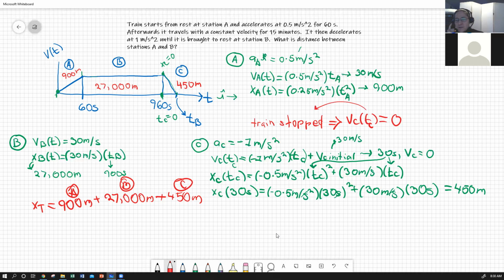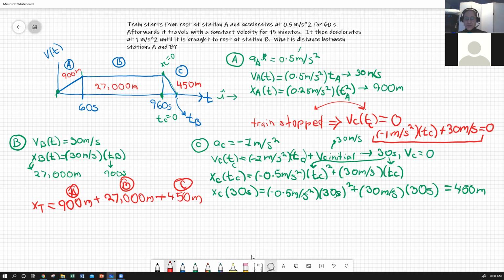So my expression for V sub C is -1 meters per second squared times the time from which I put the brakes on, which is T sub C, plus the velocity I was going at the time I put the brakes on, which is 30 meters per second. I want that all to equal 0. That makes sense. Thank you.